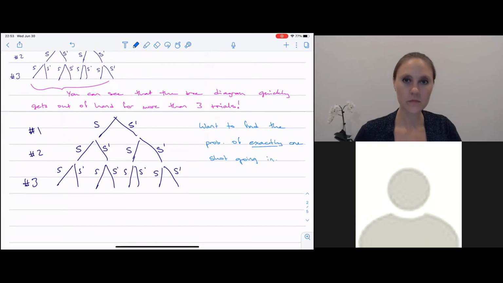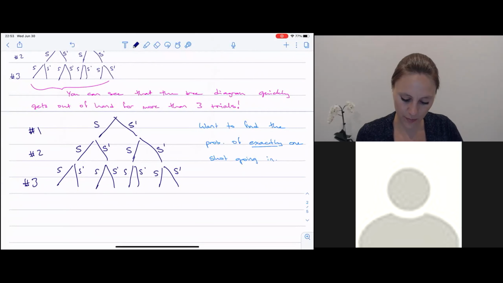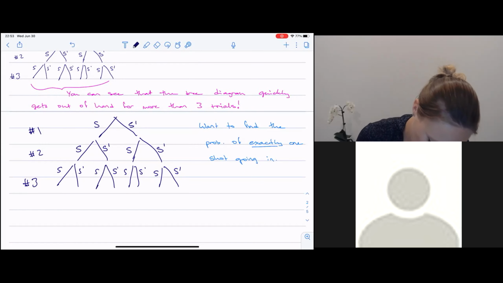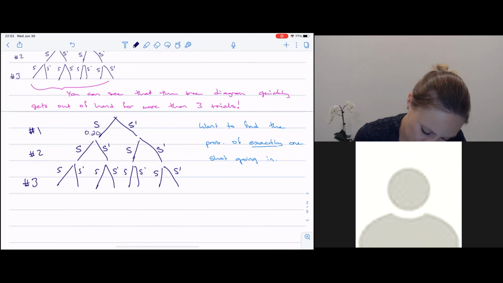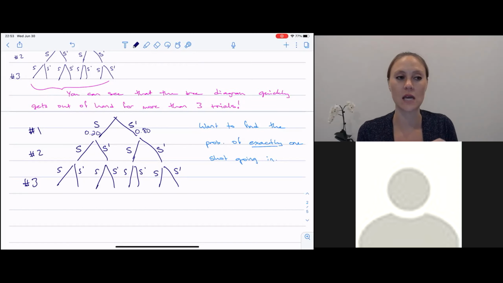Now, I will jot down here in the top ones that the probability of success was 0.20. And so the probability of a failure is 0.8. And that remains the same for all of these. And maybe I'll pause while I jot those down, but you can.